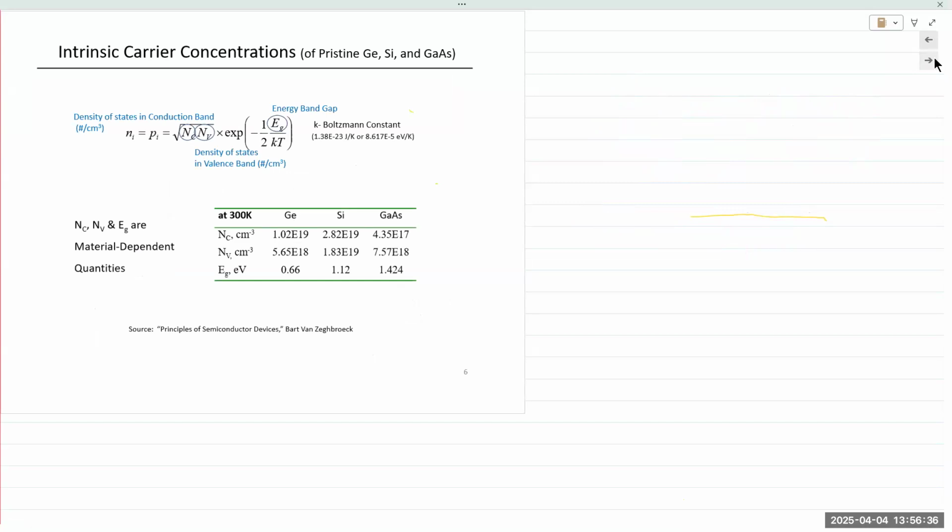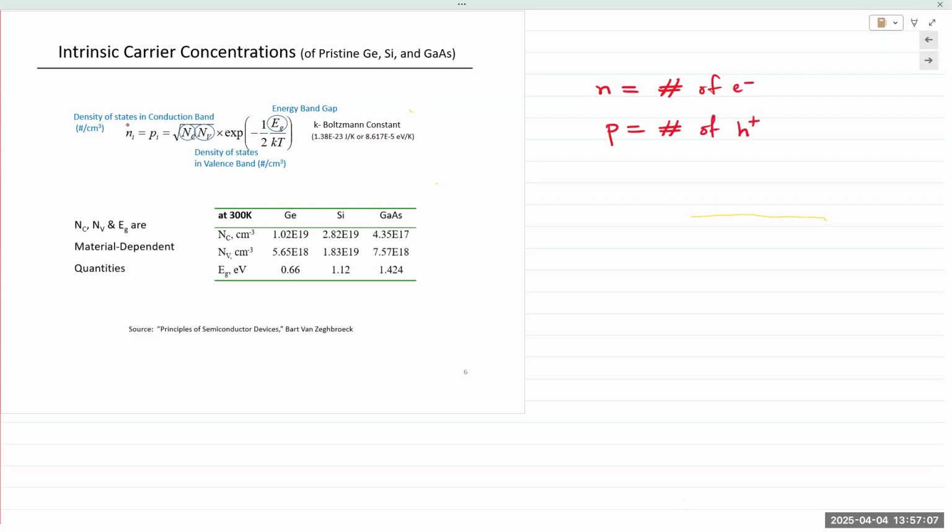So there are some equations that govern this. Solid state device physics is an entire course by itself, and there are several equations, but we're going to look at one of the most basic ones. The N refers to the number of electrons, and the P refers to the number of holes.